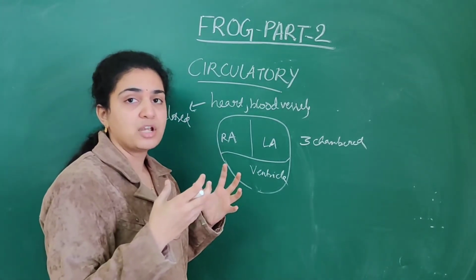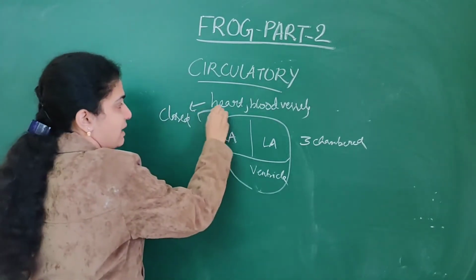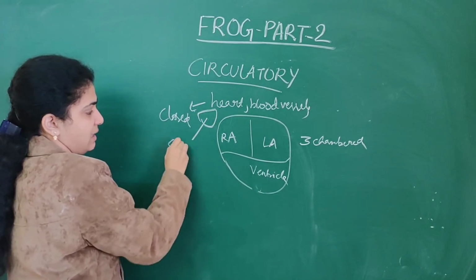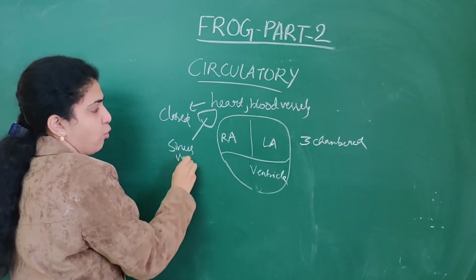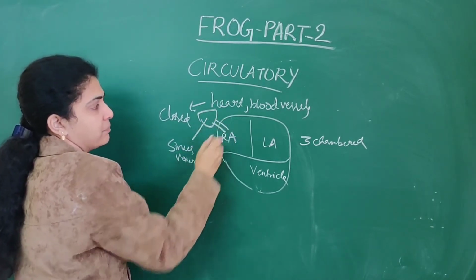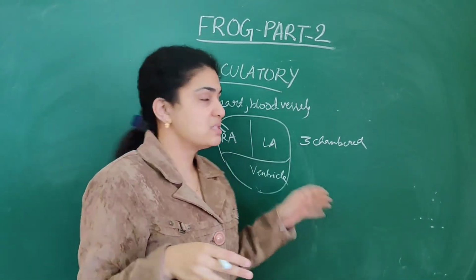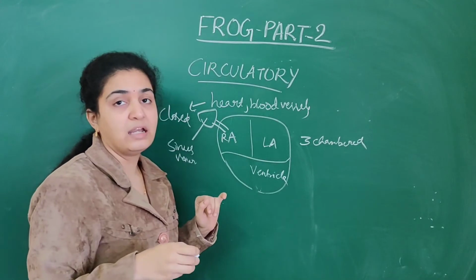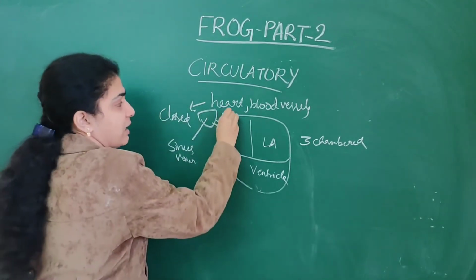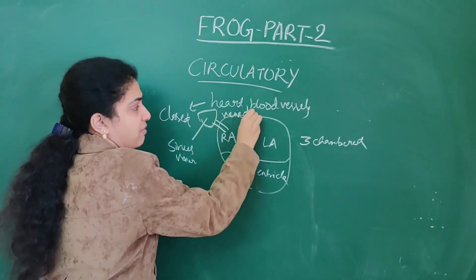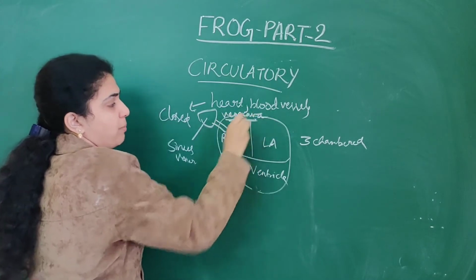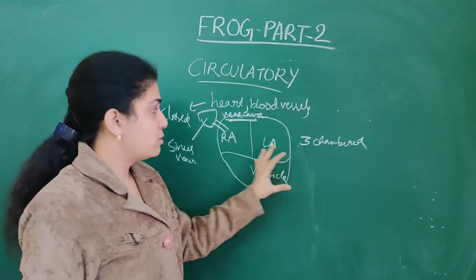A triangular shaped organ called the sinus venosus opens into the right atrium. All the blood from the different organs will open into the right atrium through the vena cava.